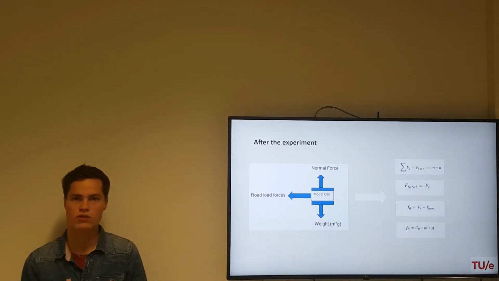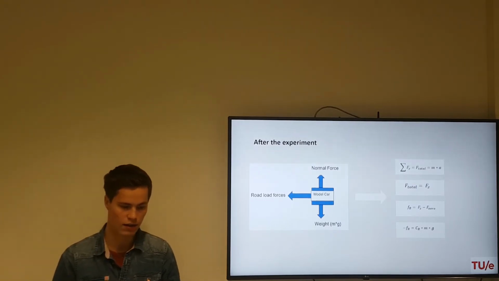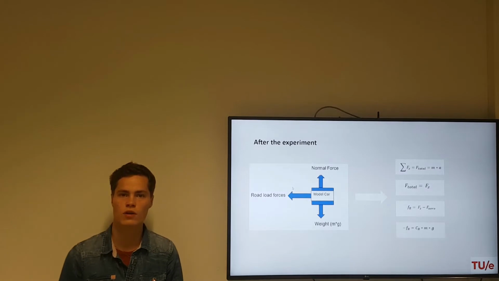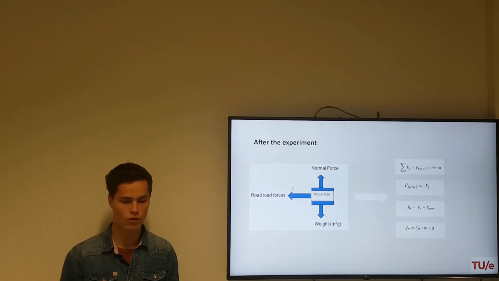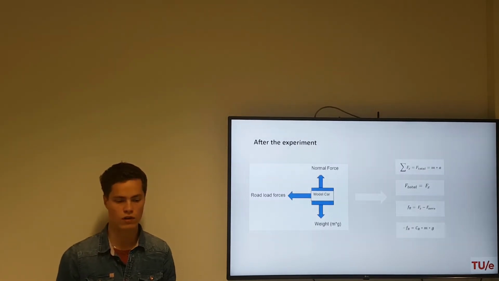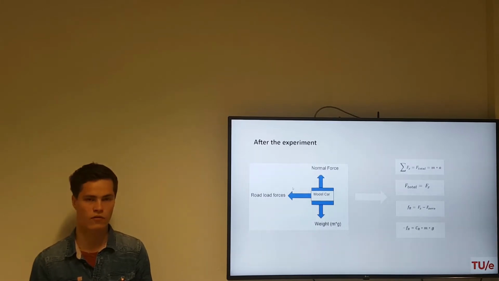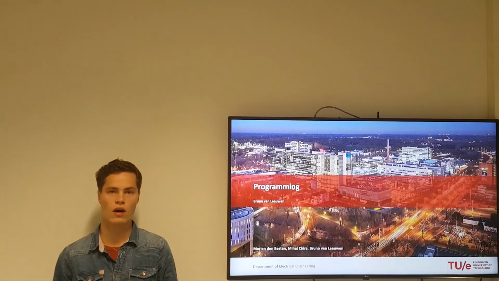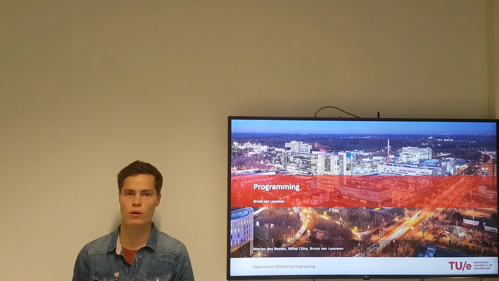The resistance forces consist of the aerodynamic force and the rolling resistance force. The aerodynamic force is known from another experiment, so we will know the rolling resistance force and can find the missing variables. Now Bruno will tell you something about the programming part.